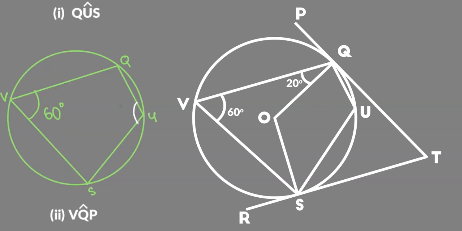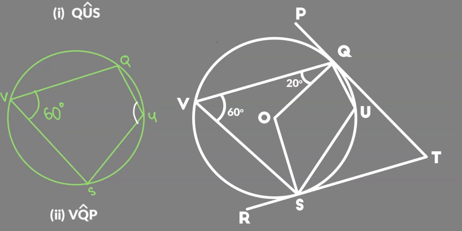Now, for any four-sided shape that is in a circle, in simpler terms, a cyclic quadrilateral, the opposite angles in that cyclic quadrilateral are going to add up to 180. So when I add the 60 and the angle at U here, I'm supposed to get 180.